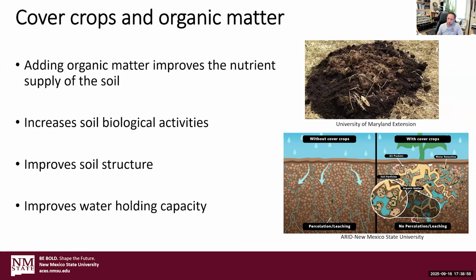However, when you have cover crops planted, you get that organic matter being built, and it allows those air pockets and the ability for water to sort of stay within that soil and not really percolate or leach down, and we're not losing that really beneficial water. And so, with those cover crops and that root structure, it really keeps that water in the soil, where it should belong, and for our crops as well.